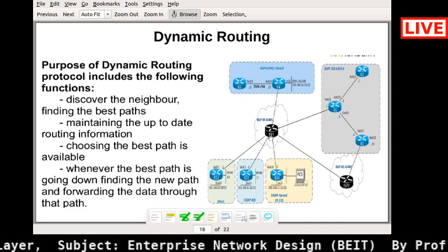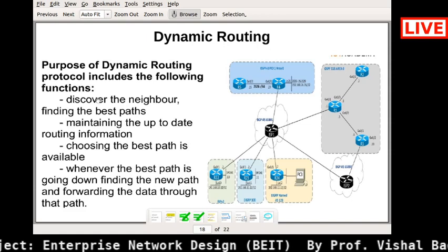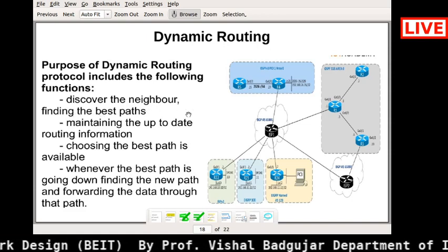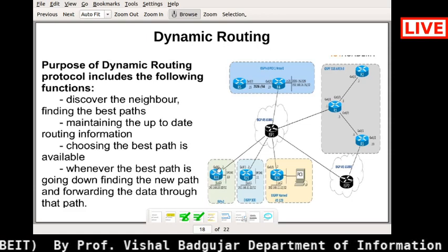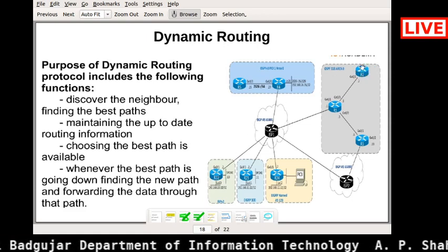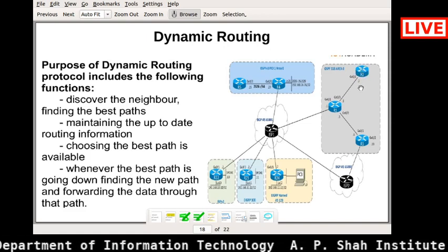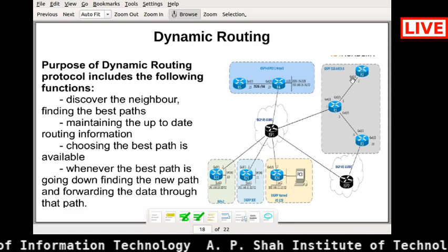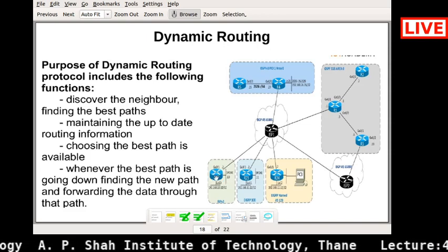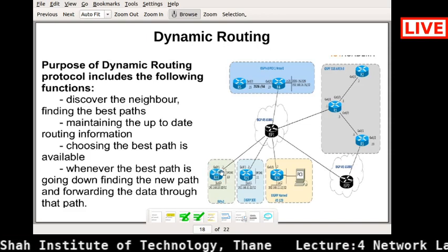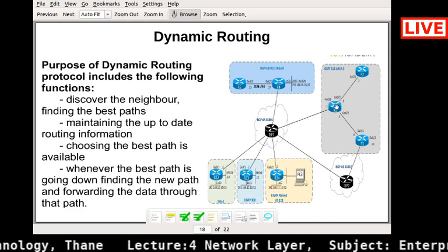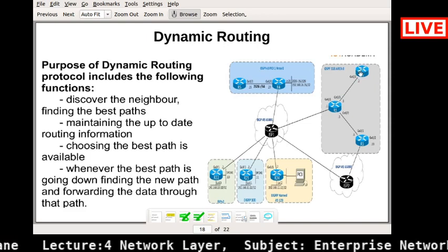It includes, for example, the first functionality: to discover the neighbors and find the best path. For example, this particular router needs to send a packet to router 2 of this particular network. So what are the different paths? For the first path, the packet will be transferred from this router to ISP1, to this particular router, and from there it can go to R2.